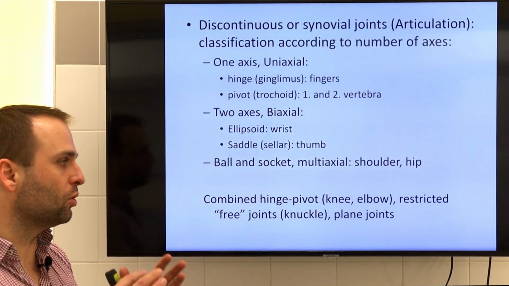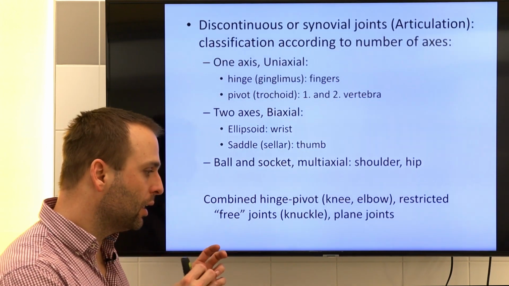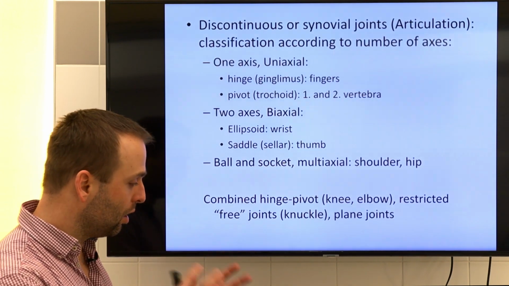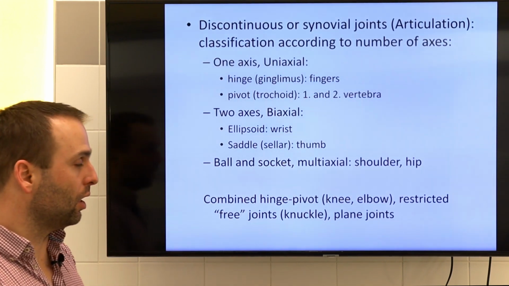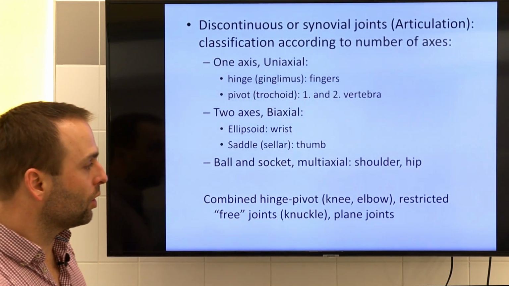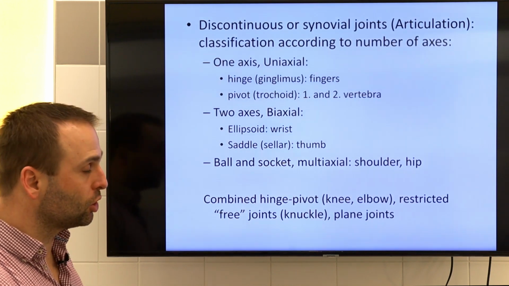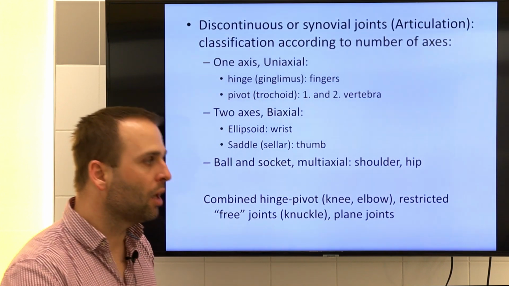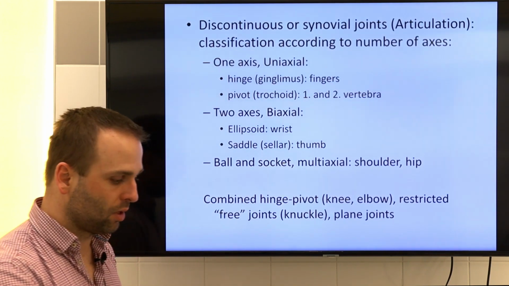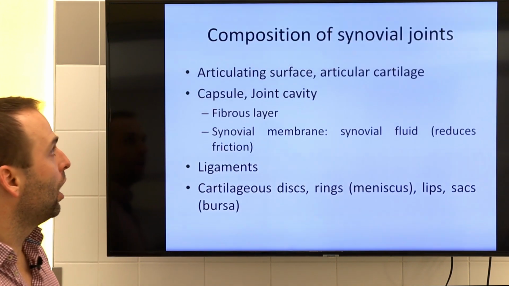This is due to very strict, very tight ligaments, or the shape of the joint does not allow it. So these are actually true synovial joints. They have every component of a true synovial joint, but they are immovable objects.